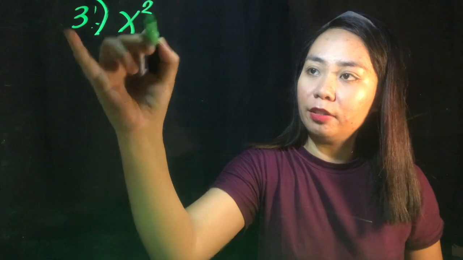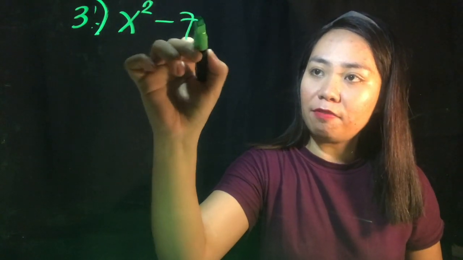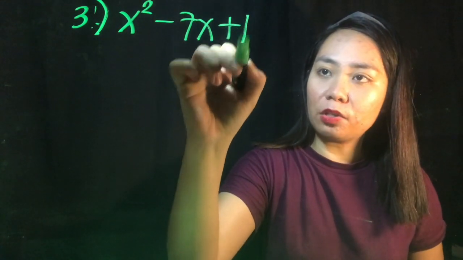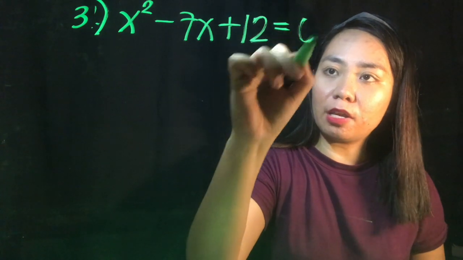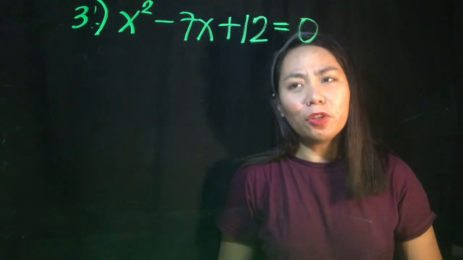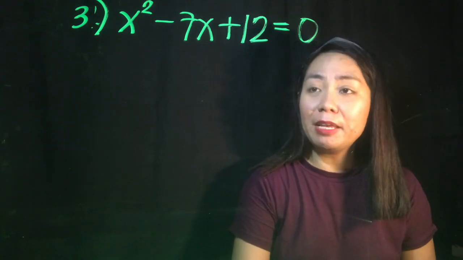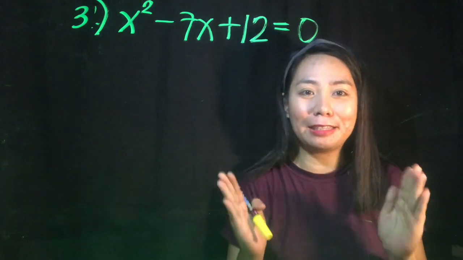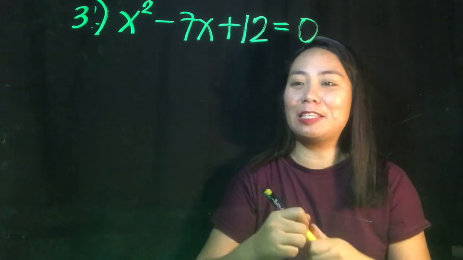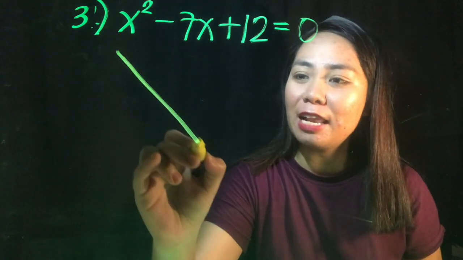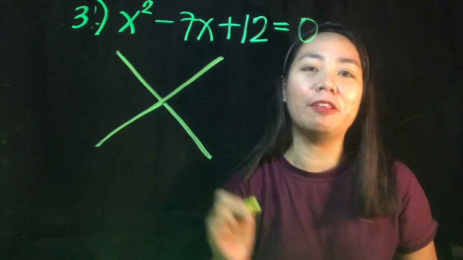Let's try x squared minus 7x plus 12 equals 0. So, sa ganitong problem naman, factoring pa rin. At ang technique naman natin sa pagpa-factor ay ang tinatawag na magic x. So, yan. Sa magic x, maglalagay ka lang ng malaking x dyan.